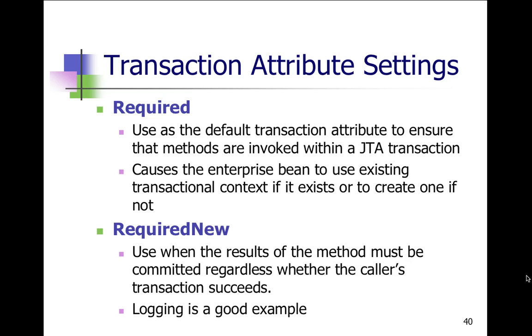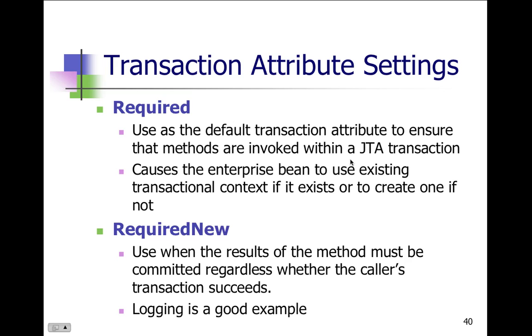So here are some of the transaction attributes to put this into perspective, and some of the settings associated with them. Required. Well, we've actually seen RequiresNew a few minutes ago, but Required is the default transaction attribute to ensure that the methods are invoked within a JTA transaction. It causes the enterprise bean to use the existing transactional context if it exists, or to create one if it doesn't exist.